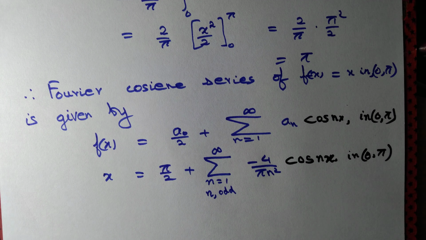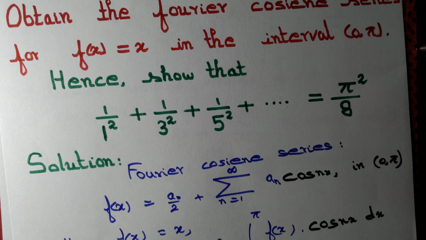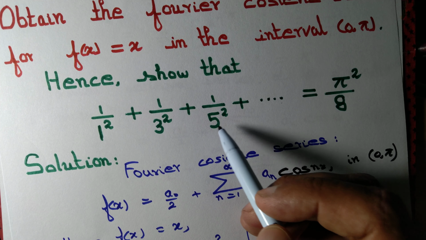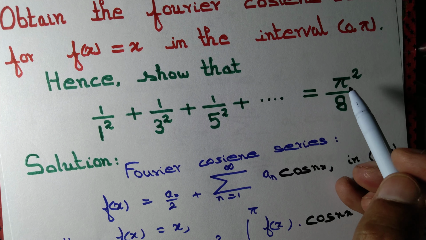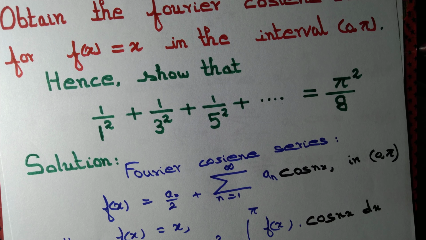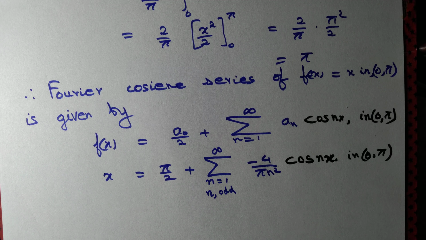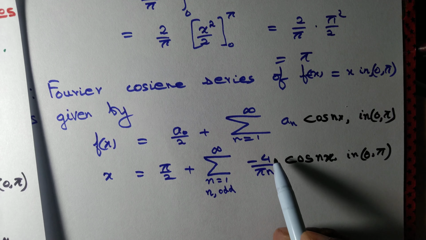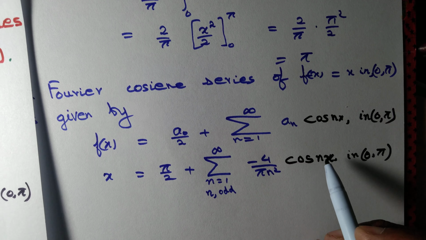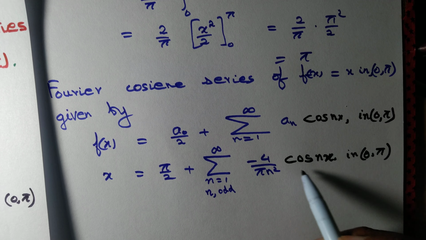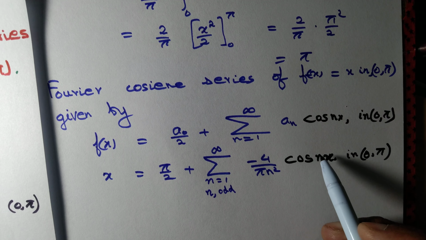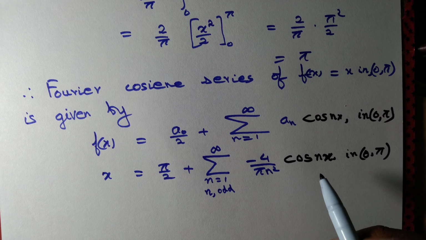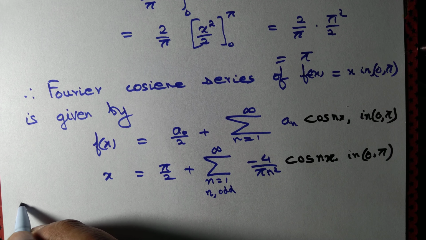Now, the second part of the question says, and then show that 1 by 1 square plus 1 by 3 square plus 1 by 5 square plus dot dot dot equal to pi square by 8. Well, 1 by 1 square, n odd, 1 by 3 square, 1 by 5 square, these quantities are there. But apart from that, we have cos nx. When can we have cos nx equal to 1? We can have cos nx equal to 1 if x equal to 0.